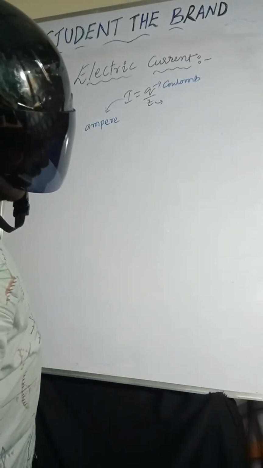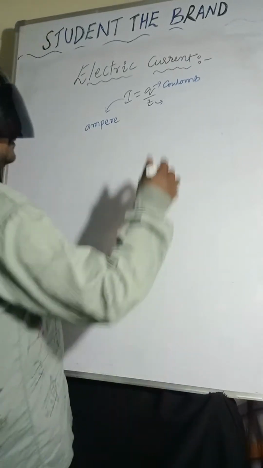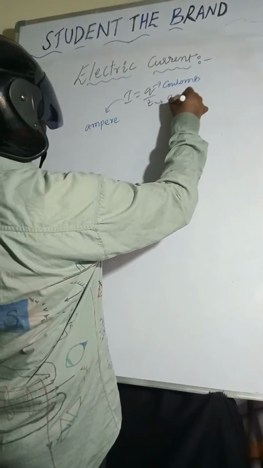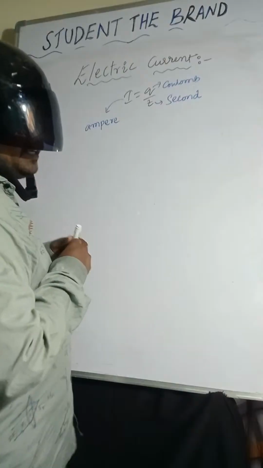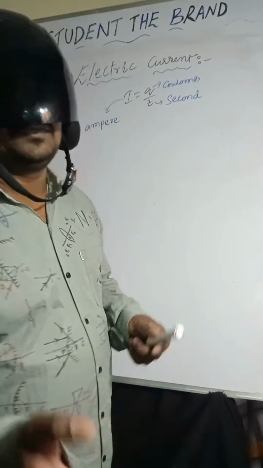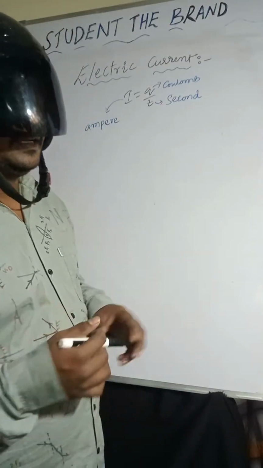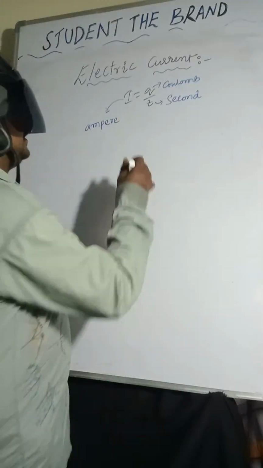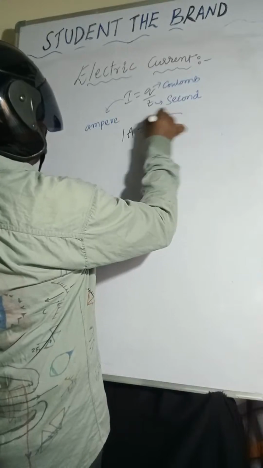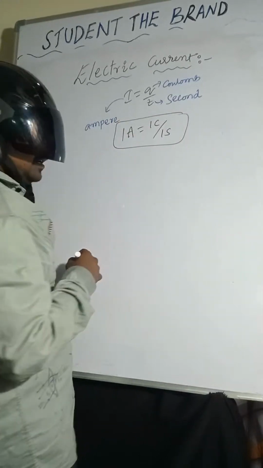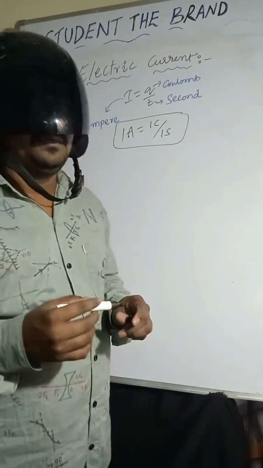I equal to Q by T. So 1 ampere is defined as 1 coulomb of charge flowing through unit cross section area per second is called 1 ampere.